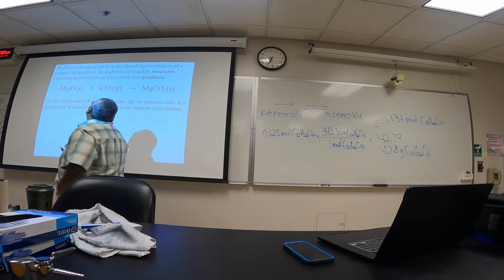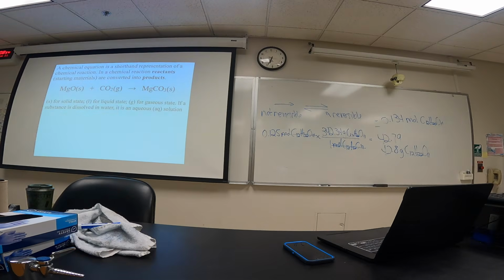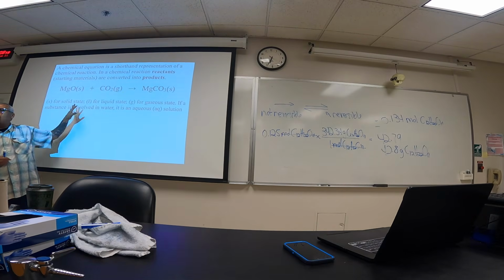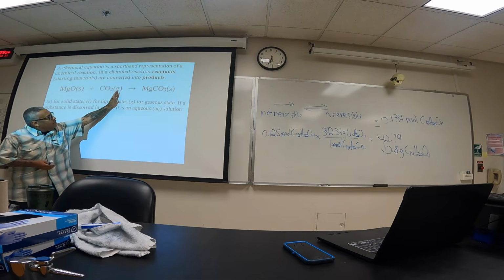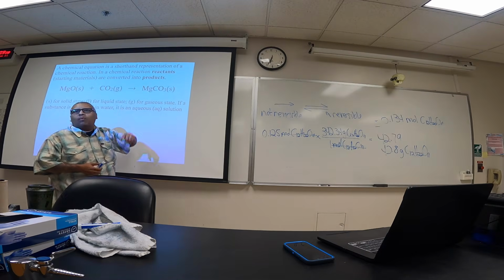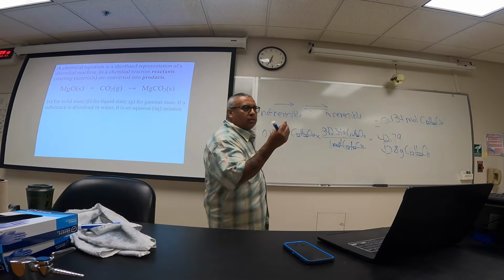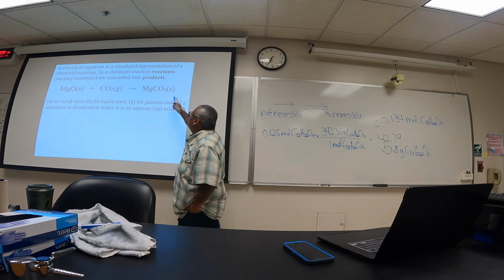Anything on the left-hand side of that reaction arrow we call reactants. These are the compounds, molecules, substances that we're going to react in order to make something. So this is our reactant, this is our reactant, and here on the right-hand side is the product. Now, we're also going to see these symbols here.